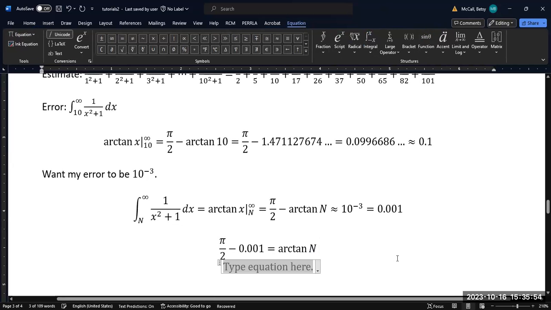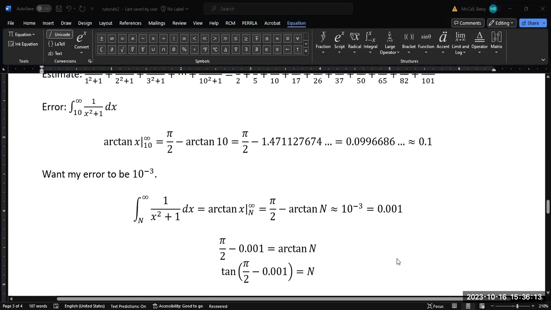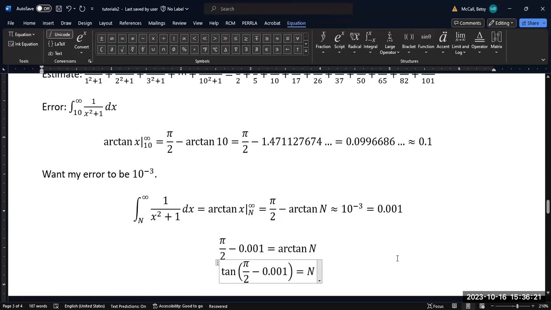And then I could say that tangent of pi over 2 minus 0.001 would give me n. So let's find out. Pi divided by 2 minus 0.001, and then take the tangent of that answer, and I did the inverse tangent. That was the wrong thing to do.